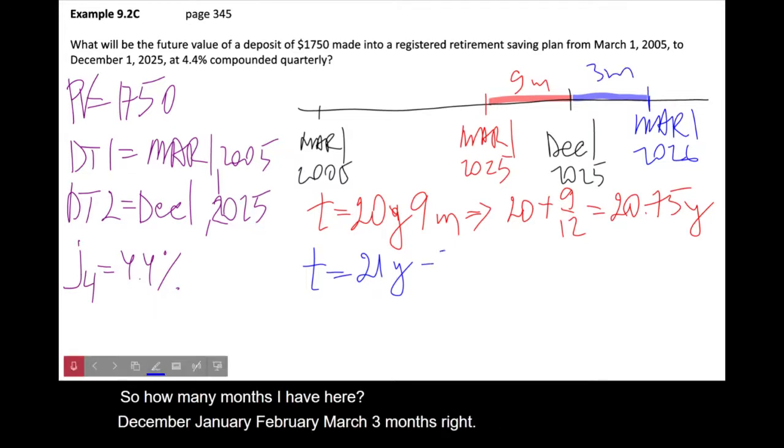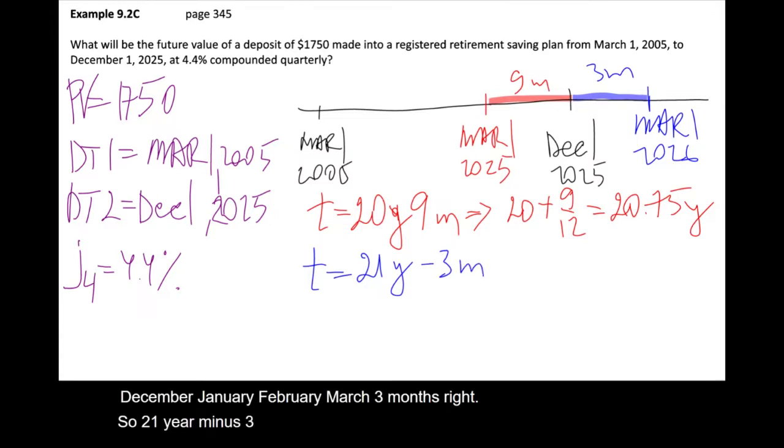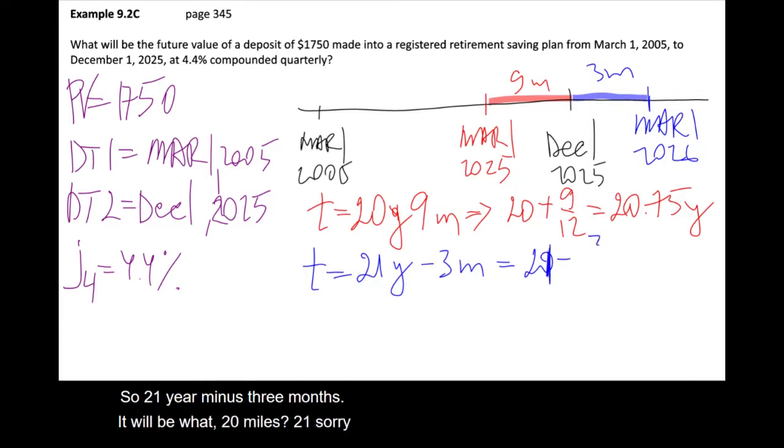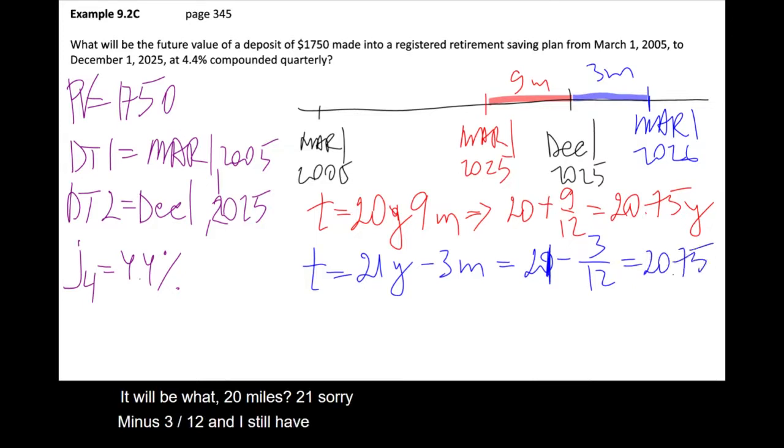So 21 minus 3 over 12, and I still have 20.75 years. Same thing. Okay? So either one works.